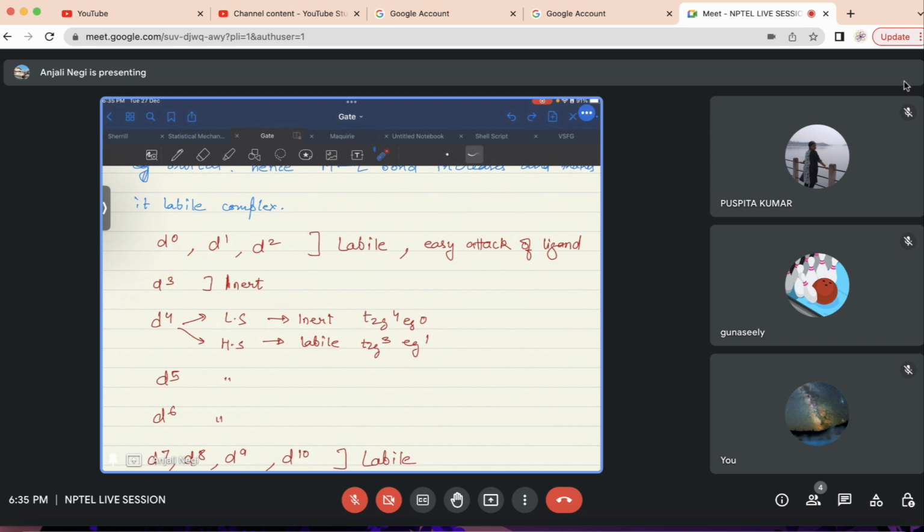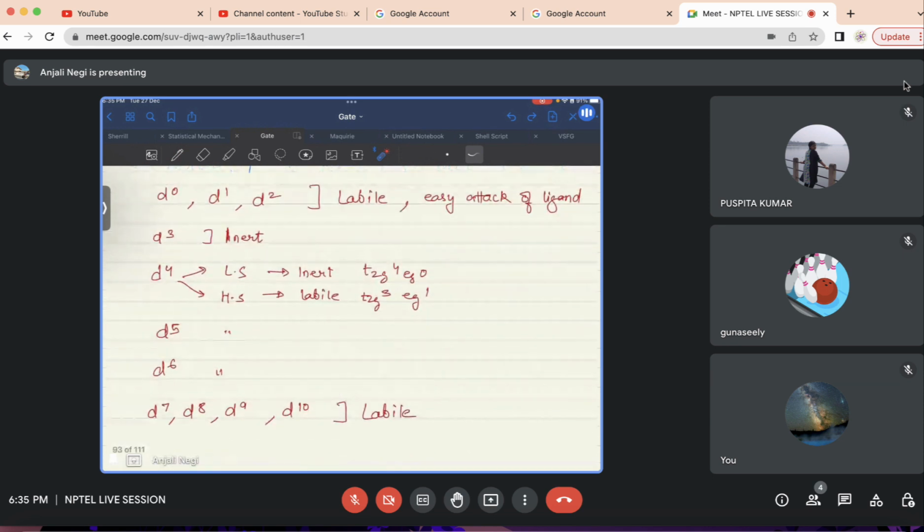And if it is a low spin complex, it will be inert. Similarly, you can predict for d5 and d6 in the similar manner.